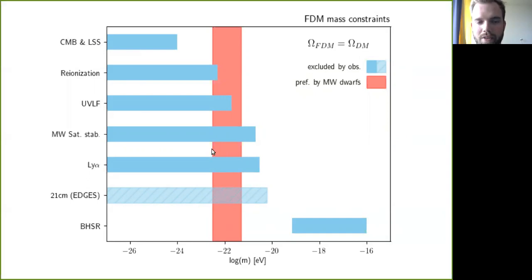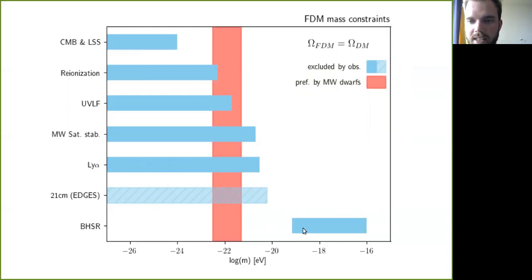And therefore, for very light masses, actually linear scales are altered, and then you can constrain very light fuzzy dark matter masses even by cosmic microwave background experiments or large-scale structure. And then for heavier masses, you have to go to increasingly more nonlinear, shorter scales, and then reionization, UV luminosity function, and finally also the Lyman alpha forest becomes more and more important in constraining heavier and heavier axion masses.